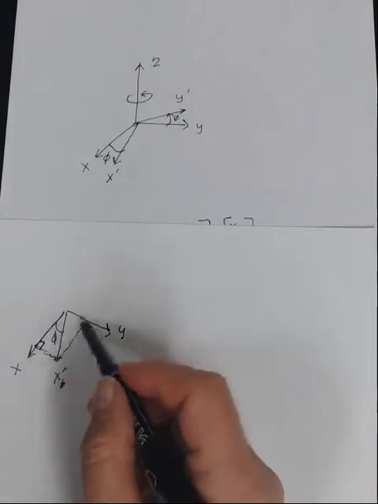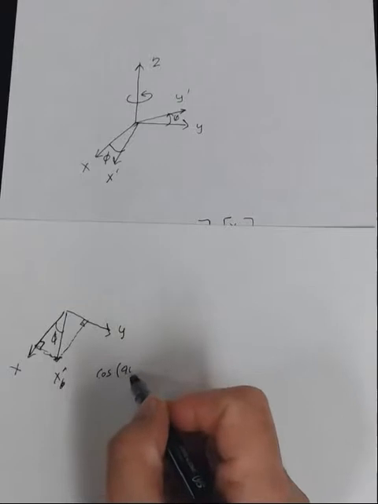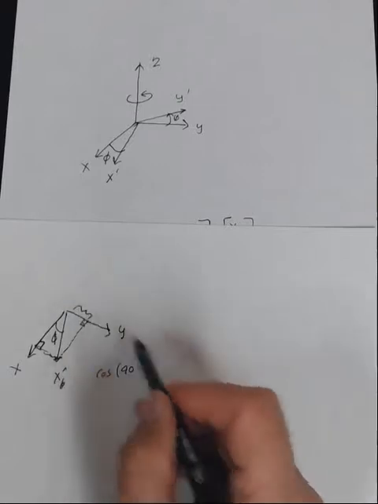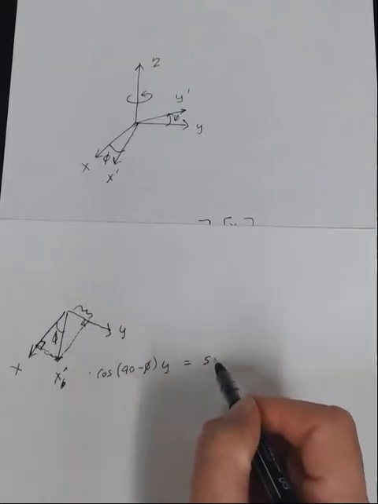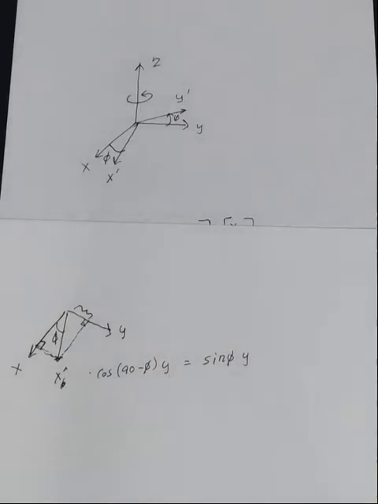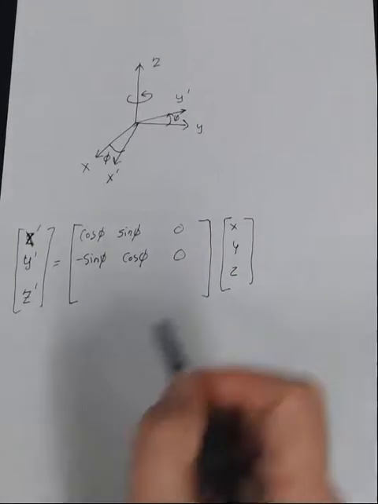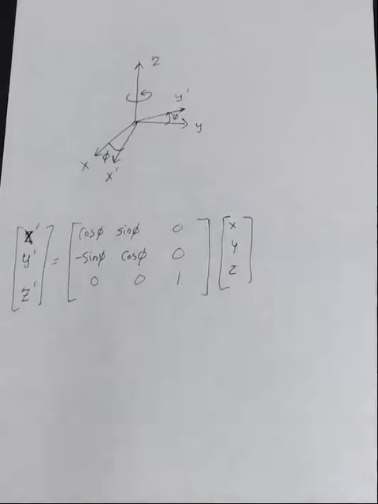And so if you take 90 minus, that would be cosine of 90 minus phi this side times y, and that'll be equal to sine of phi times y. So that's what we're doing here to get this. For z, it's not changing, so 0, 0, 1. So that's your first rotation.